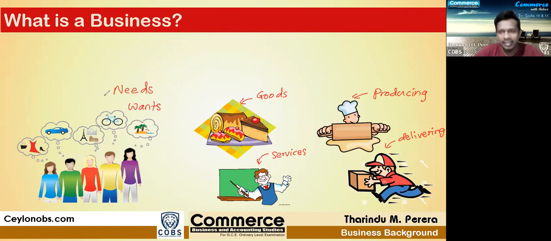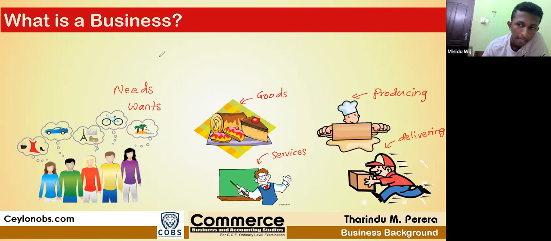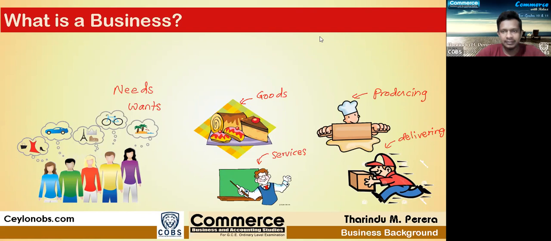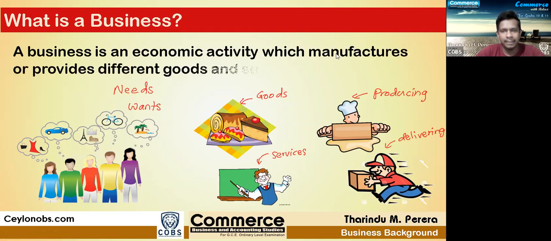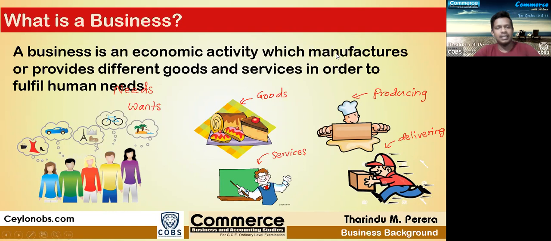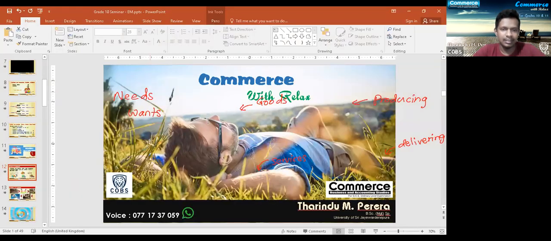To fulfill human needs and wants. Okay, then we can define a business like this: a business is an economic activity which manufactures or provides different goods and services in order to fulfill human needs. You can use needs and wants here.